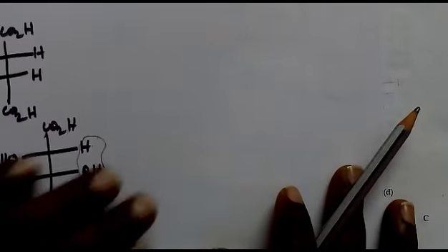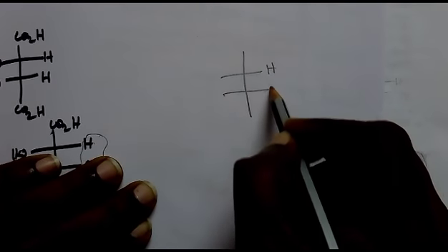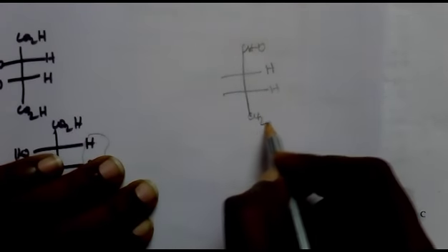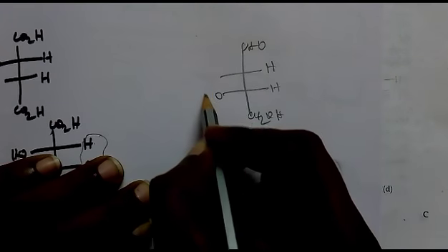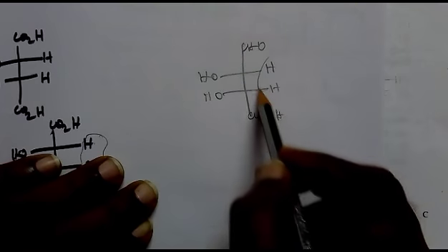See, for example, if I have CHO, H, OH, OH, H, CH2OH, with the H's on the same side and the OH's on the same side, this is called erythro.